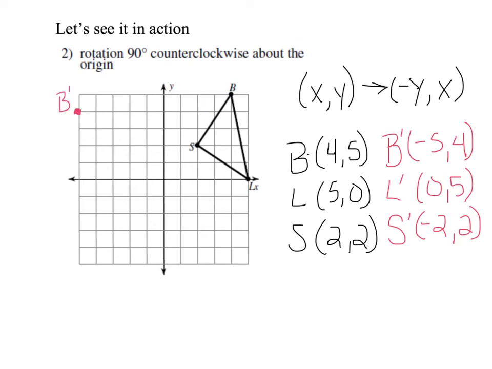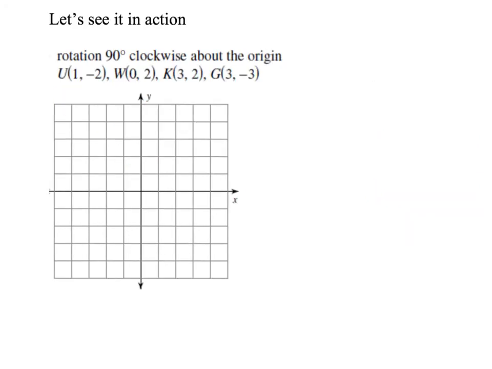B prime is plotted at negative 5, 4. L prime is plotted at 0, 5. S prime is plotted at negative 2, 2. And now I connect my dots. And we have rotated the original triangle 90 degrees counterclockwise.